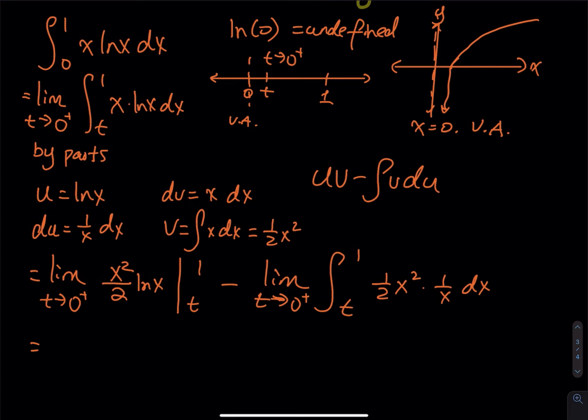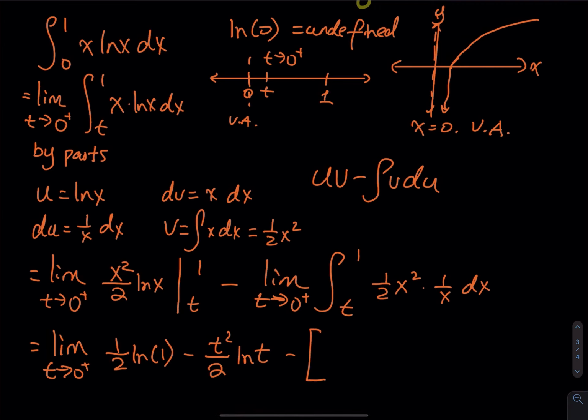Okay, FTC. Plug in the 1, right? So we have 1 divided by 2, ln 1, and then plug in t squared over 2 times ln t. Okay, what about the integration? Let's put this in a square bracket. So this one, you have the integral of 1/2 x dx, right? So you integrate that, so that would be x squared, and then you have a 1/2 times 1/2.